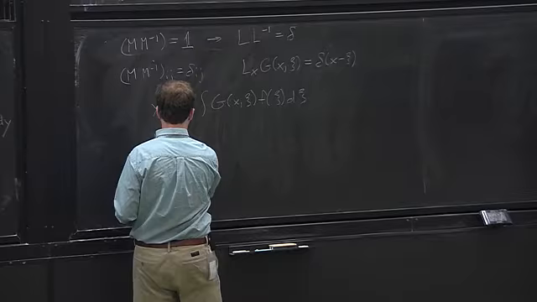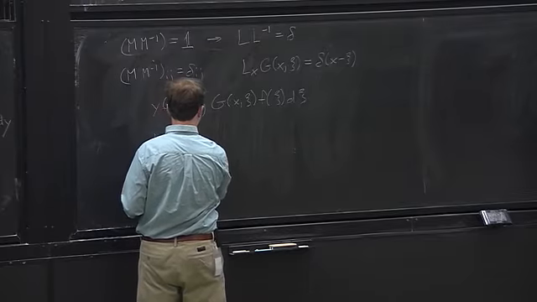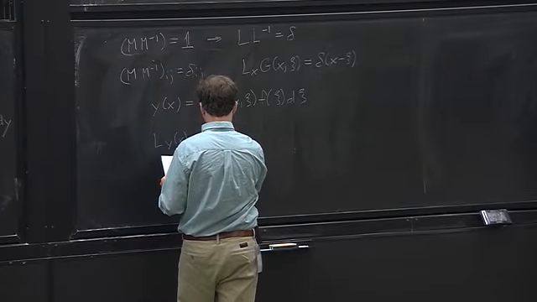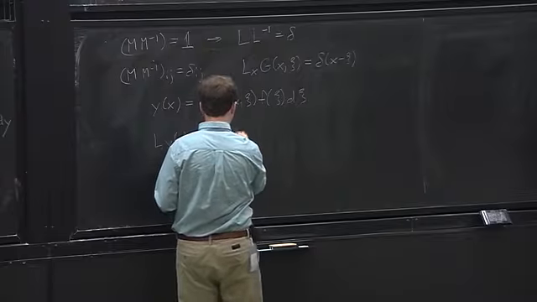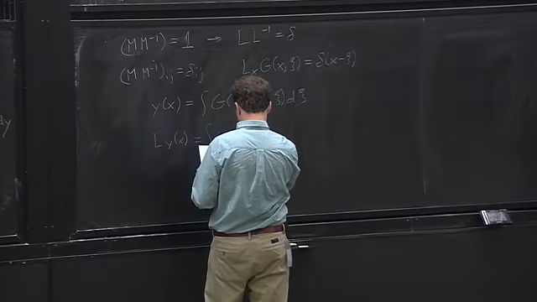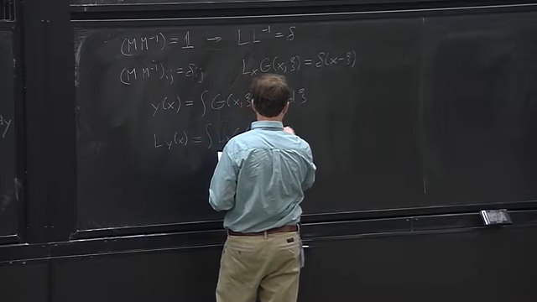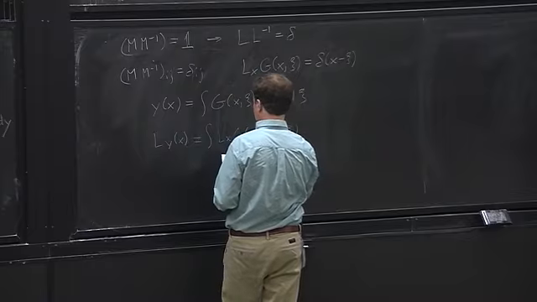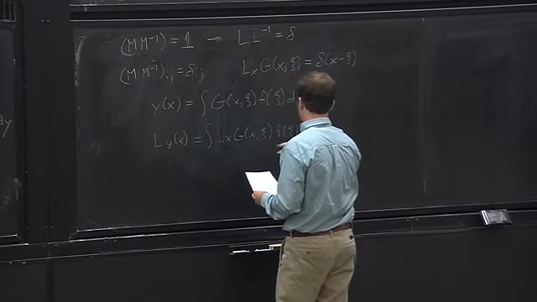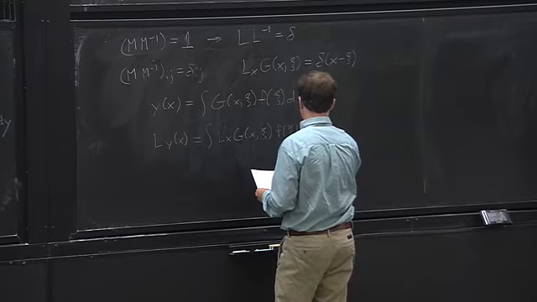We take L acting on y of x. We get the integral of L_x g of x, c, f of c, where L_x just means the derivative is with respect to x.